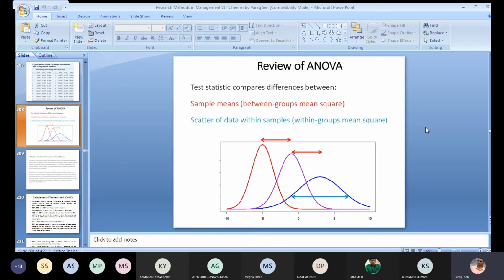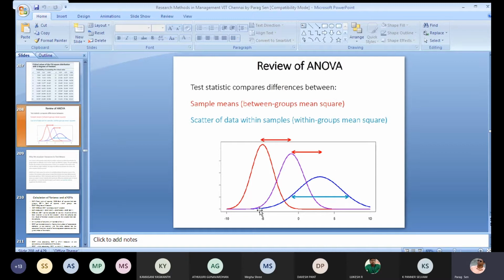In this case you can see that there are three populations, and you will find two mean squares. One is the between groups mean square and another is the within group mean square, which represents nothing but the variance.